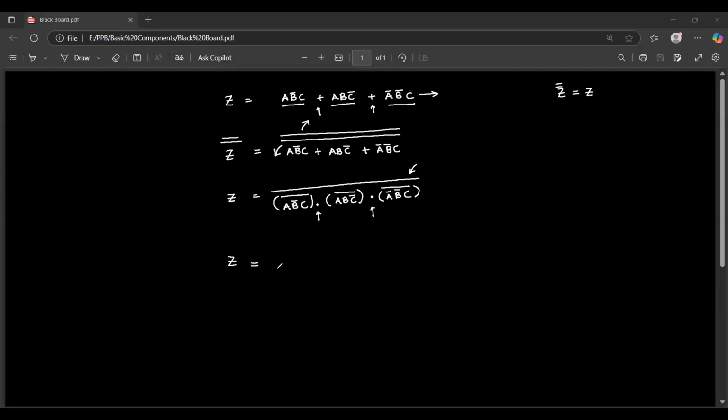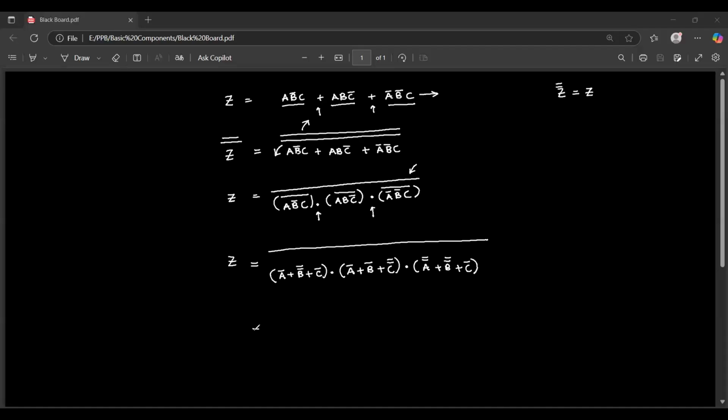Of course, the whole thing bar is going to stay there, but here we will have A bar plus B double bar plus C bar, into A bar plus B bar plus C double bar, into A double bar plus B double bar plus C bar.